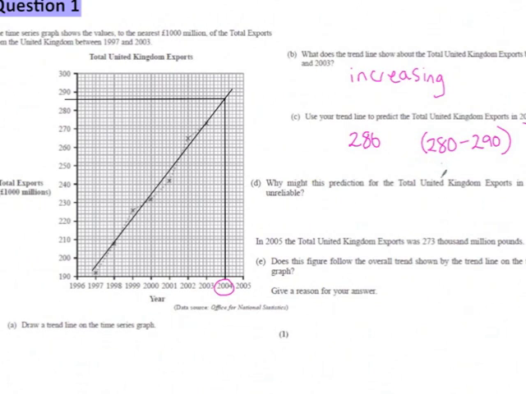You'll then be asked, why might this prediction for the total United Kingdom exports in 2004 be unreliable? Are we predicting within the range of data? No. Our data runs from 1997 to 2004. So why is this unreliable? Because we are outside the range.